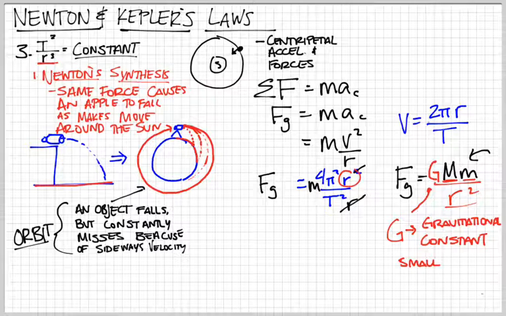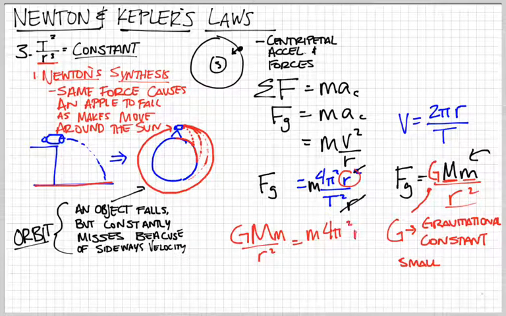So Newton came up with this thing, and he had, all right, G times the mass of the sun times the mass of the planet divided by the distance separating them squared was equal to the mass of the planet times 4 pi squared r over t squared. When you rearrange everything, these r's don't cross out.